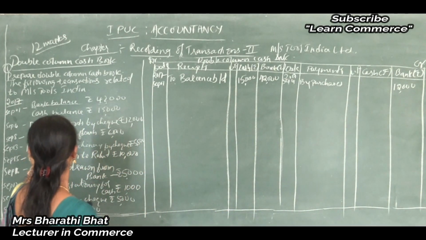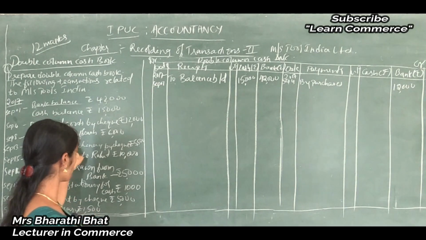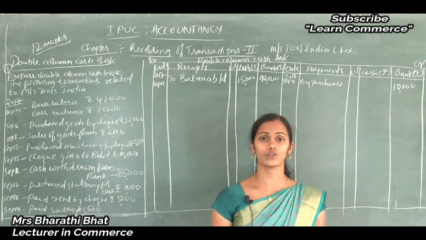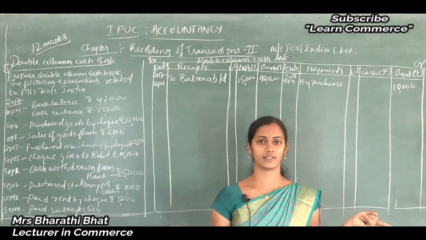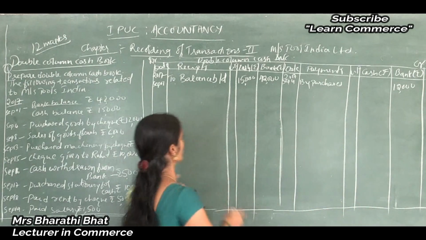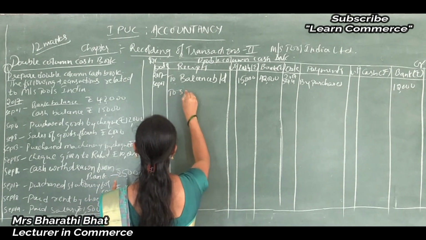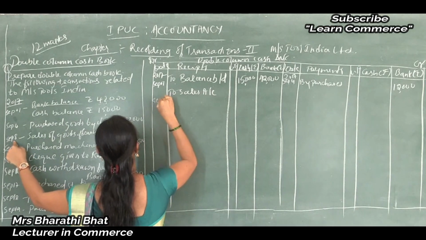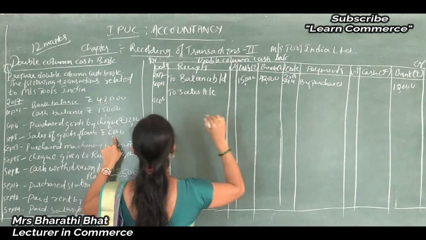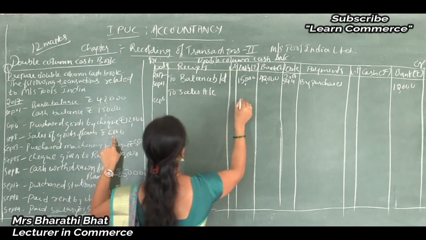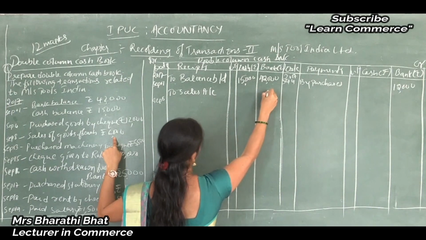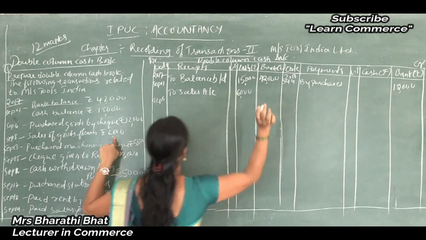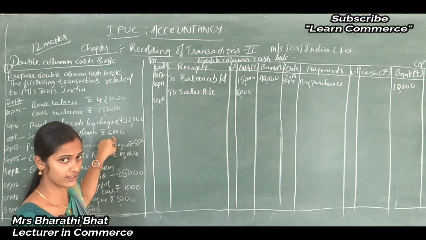The next one, sold goods for cash. Receipts or payments? Yes, that is receipts. So to sales account, September 8, 6,000 under the cash column. No need to write any amount under the bank column.